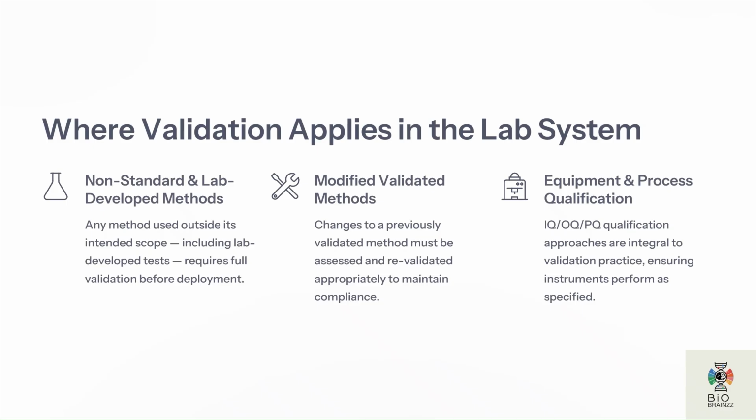Third, validation extends to equipment qualification. This includes IQ, installation qualification, confirming equipment is installed correctly; OQ, operational qualification, confirming equipment operates according to specifications; and PQ, performance qualification, confirming equipment performs consistently during routine use. Together, these qualification activities support the overall validation program.